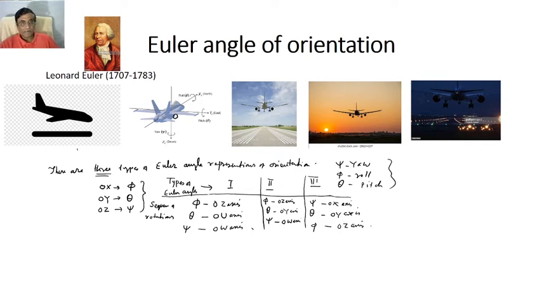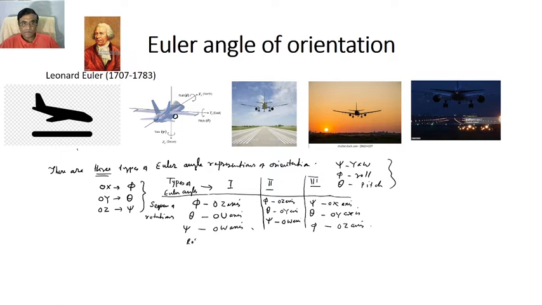So these are three standard Euler angle representations, and from here you can derive many more because, as you know, the composite rotation matrix can be achieved by different sequences of rotations, which we discussed in my earlier lectures. Okay, so type 1 means roll, pitch, yaw.